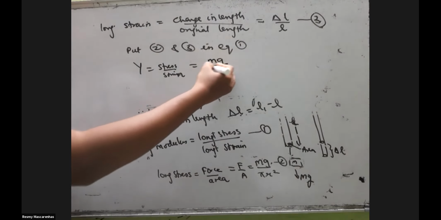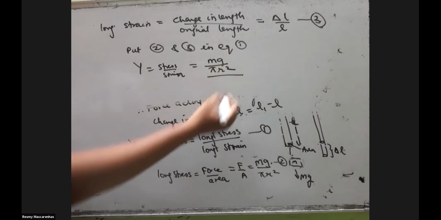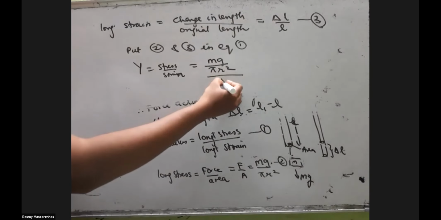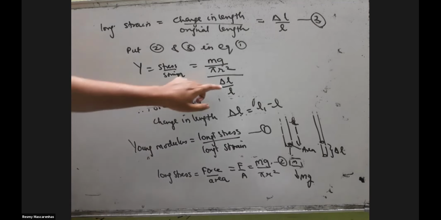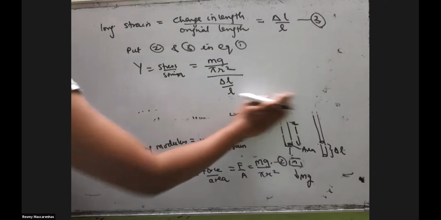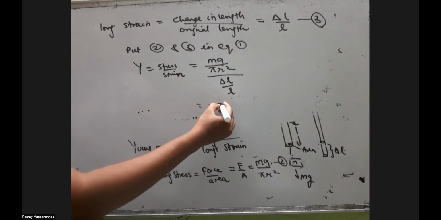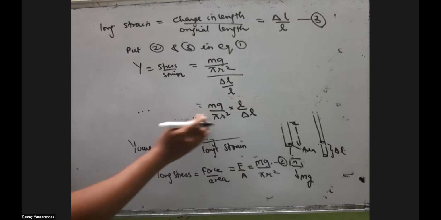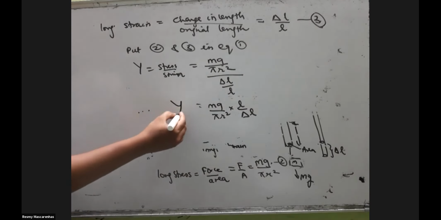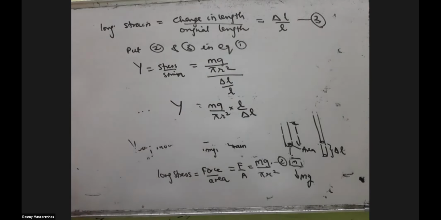Mg upon pi r square, and strain is change in length upon L, so this will reverse. So that's the formula for Young's modulus. MgL.